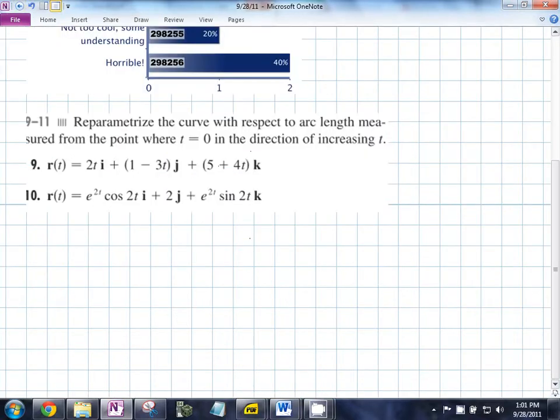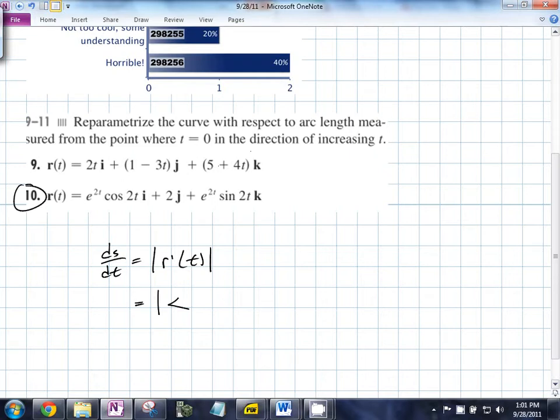Well, we know, what does ds/dt equal? The magnitude of r prime of t, right? So it's going to be the magnitude of, and we're doing this here. Let me just write this down.